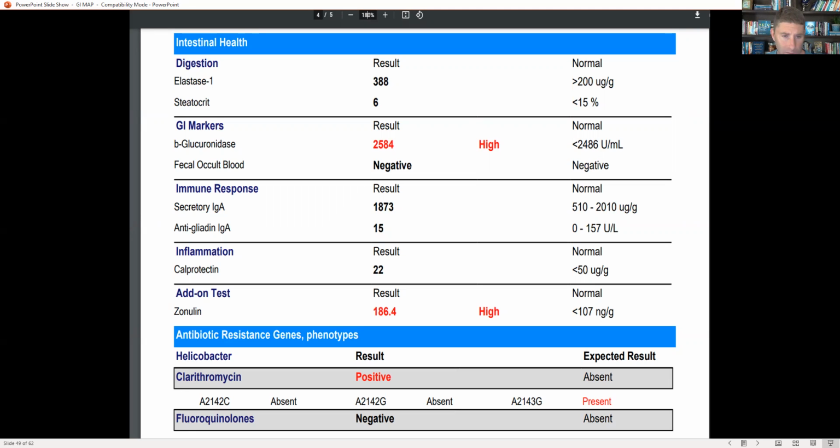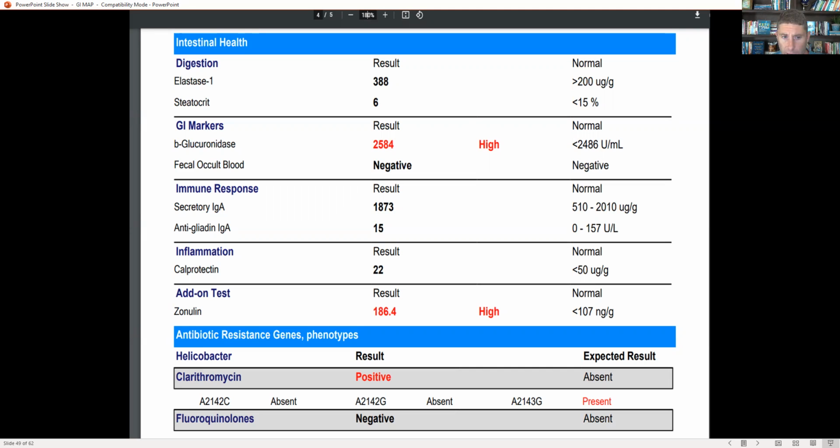So if you see that elevated, that person may have gotten some sort of gluten exposure. Calprotectin, which is the most well-researched marker on this part of the test, the intestinal health marker for gut inflammation. So we want to see that low. Ideally, I like to see it under 20. Okay, certainly under 50, ideally under 20.